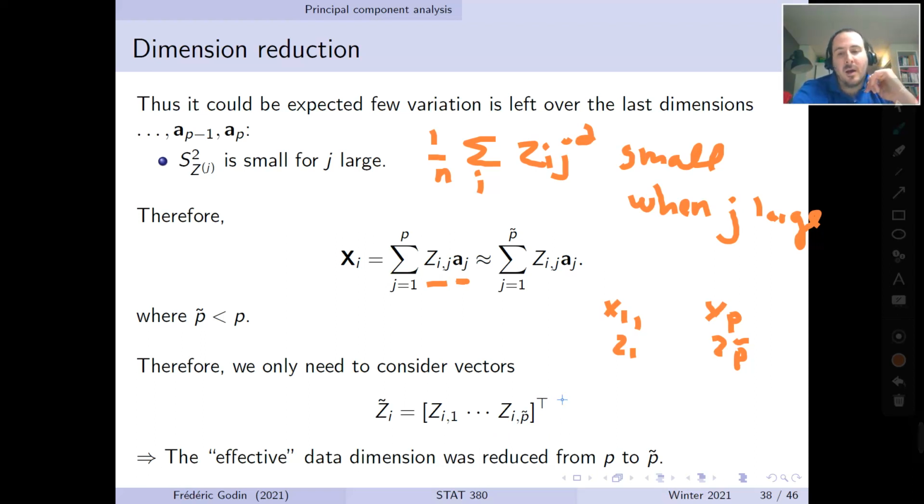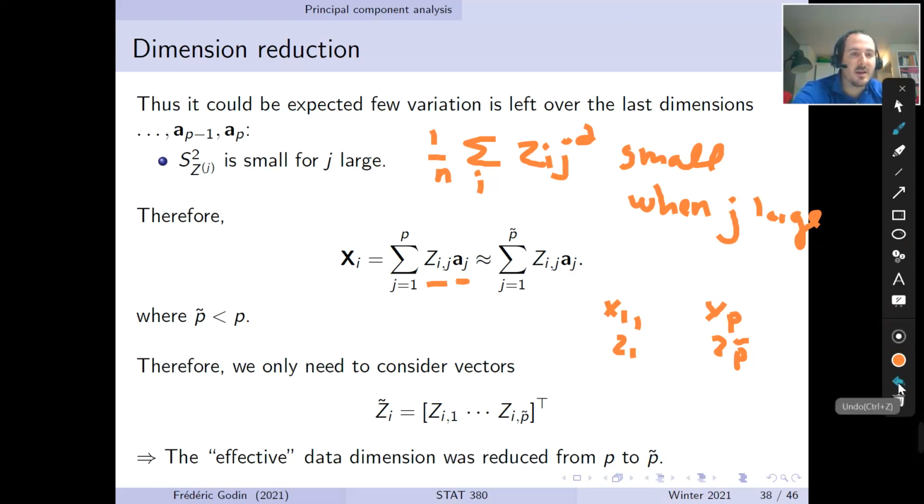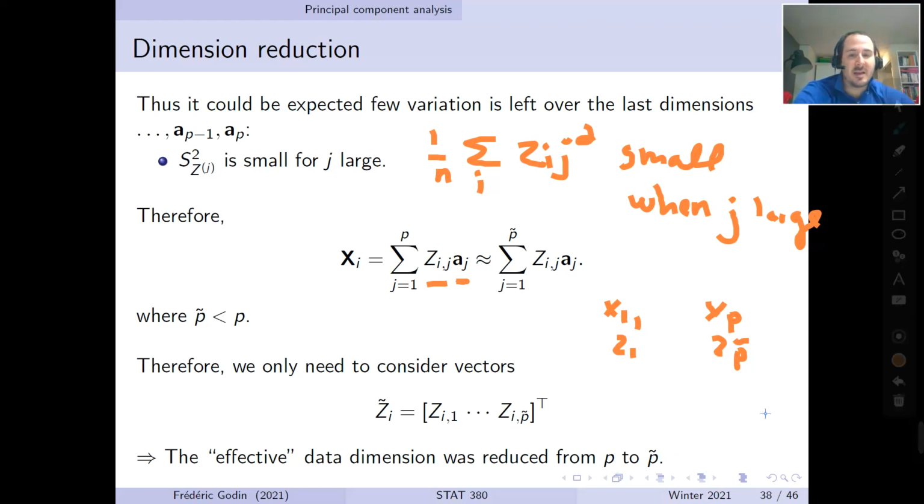So we're reducing the effective data dimension from p to p tilde by applying this methodology. So this is great news. We started with a data set of dimension p, and we can come up with a data set of dimension p tilde, where p tilde is much smaller than p, and we have much fewer variables to handle, but we should keep most of the relevant information.